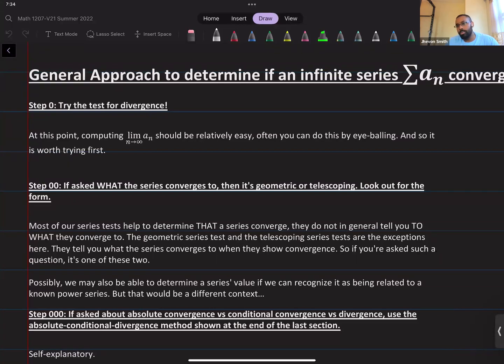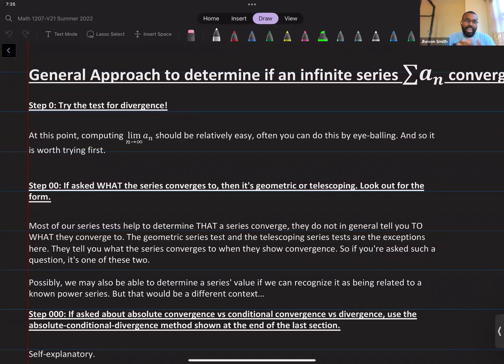Now, there are steps here where what you do depends on the problem you're trying to answer. So if I specifically ask you what a series converges to, or I ask a question like, determine whether the series converges or diverges, and if it converges, say what it converges to, or, hey, this series is convergent, what does it converge to?